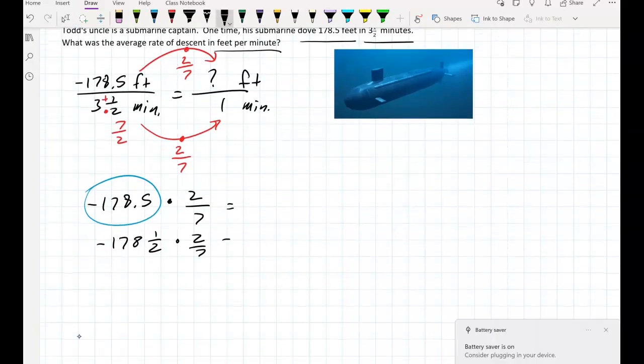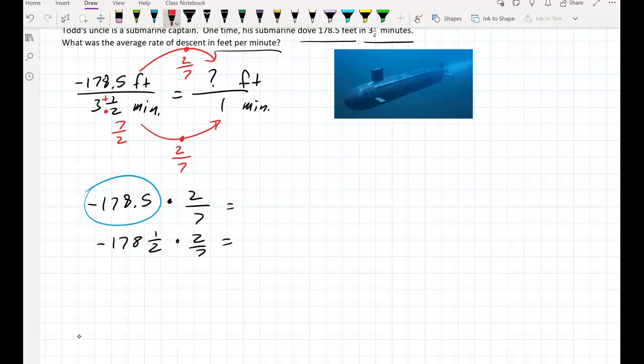And so this should be easy to take care of. And so we're going to multiply a negative 178.5 times 2/7, but, like we said, you can't multiply a mixed number times a fraction. It's got to be a fraction.